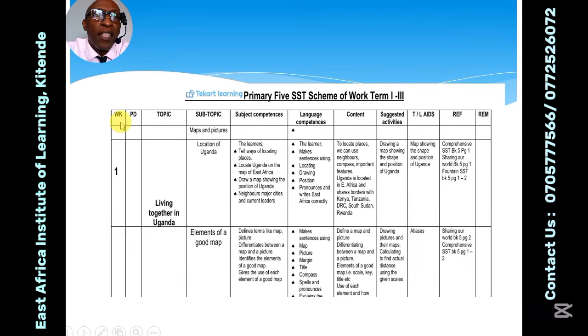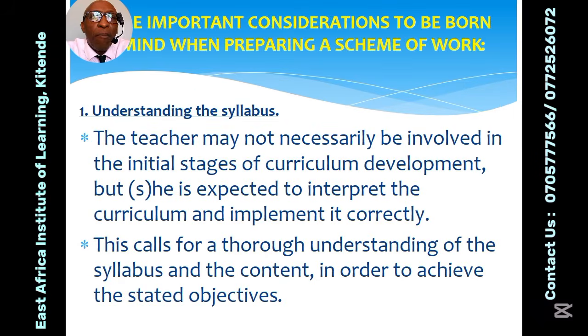And go ahead to indicate the week, the period, the topic, the subtopic, the subject competence, what are the details of the content related to that subject, then what are the language competences that you're going to develop within this subject, what is going to be the content of this particular lesson, then suggested activities that you are going to engage the learners in, the teaching learning resources that you're going to use, and the references that you are going to use during the lesson preparation. And don't forget the remarks corner.